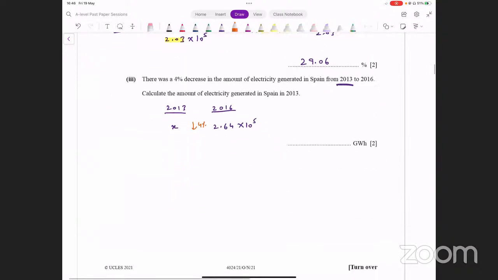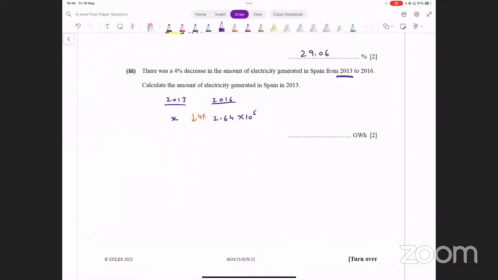Now, again, there are multiple ways of thinking about this. One way of doing this is, अगर original amount 100% थी, तो वो क्या हो गई है? वो 96% हो गई है. All right, 4% decrease हो गया है तो वो 96% पे चले गया है. You could use ratio method here. That's also fine.